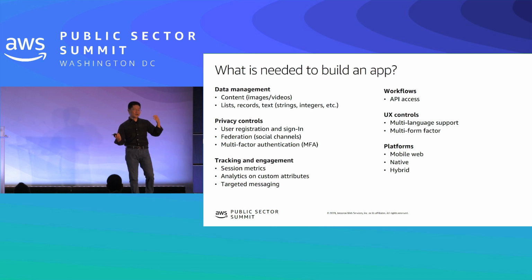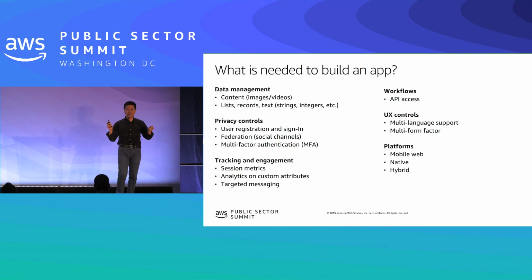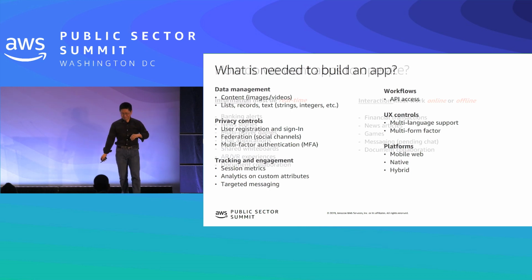Then you need to think about security, privacy controls, and API access to your backend. So a lot of things you need to think about. But if you look at the slide, a lot of these things are actually sort of normal. We sometimes in AWS call them undifferentiated heavy lifting, right? Most developers have to do those types of things.